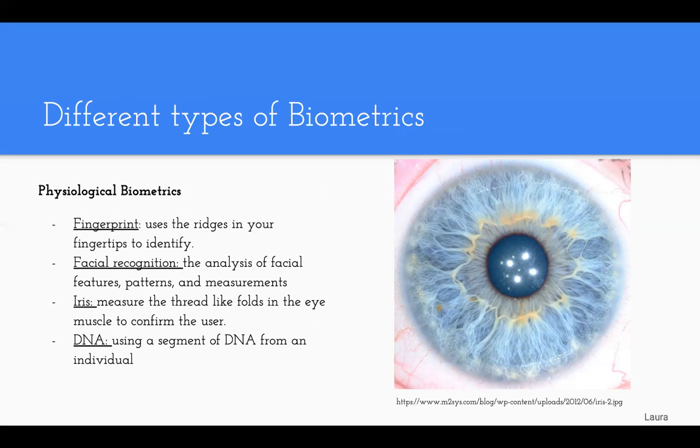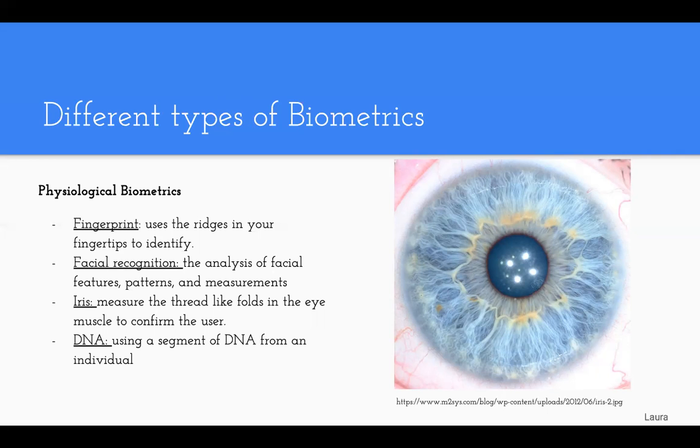This has been seen in the newer iPhones since 2017. Next is the iris, which measures folds in your eye muscle to confirm the user. And last is DNA, which uses segments of your DNA, and this is mainly used in law enforcement.